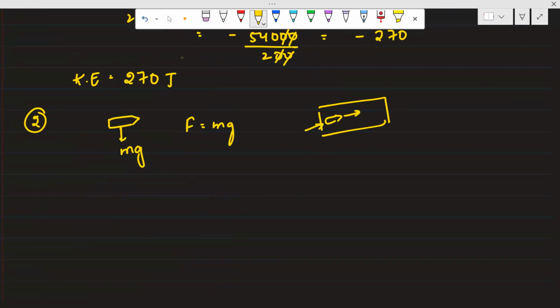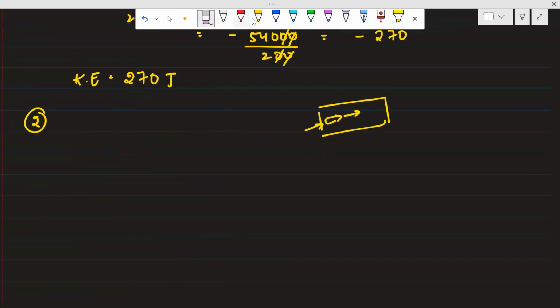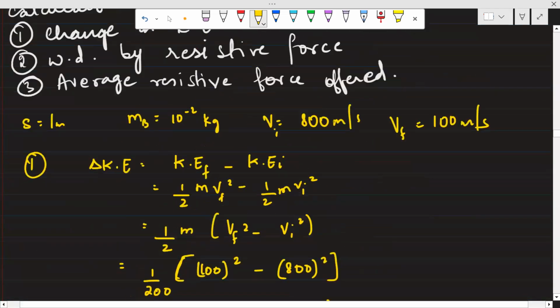That would not be equal to mg. So don't take it when you are not aware of all the forces. Mg you can take when you know the net force, by using the free body diagram. Here for the work done, we just use the work energy theorem. Work is equal to kinetic energy, that is 270. Now if you use the same thing by the force, that won't come out to be the same anyways. It means more force is acting.